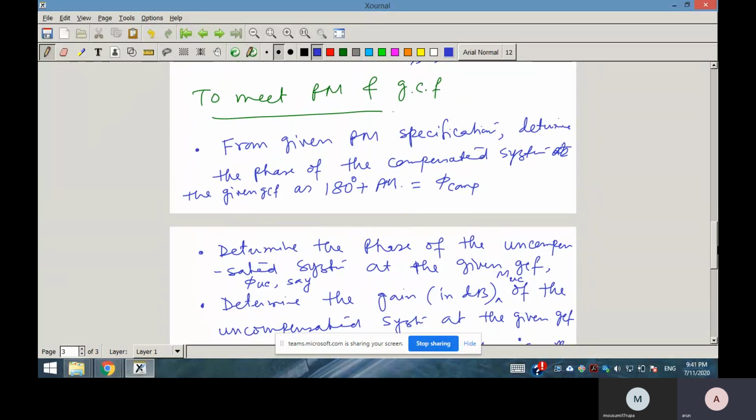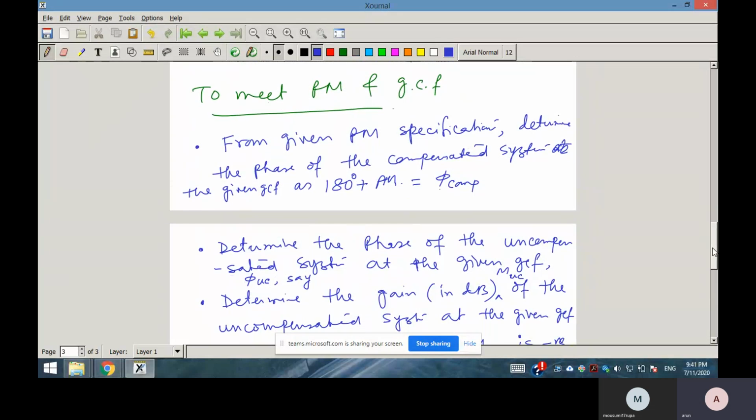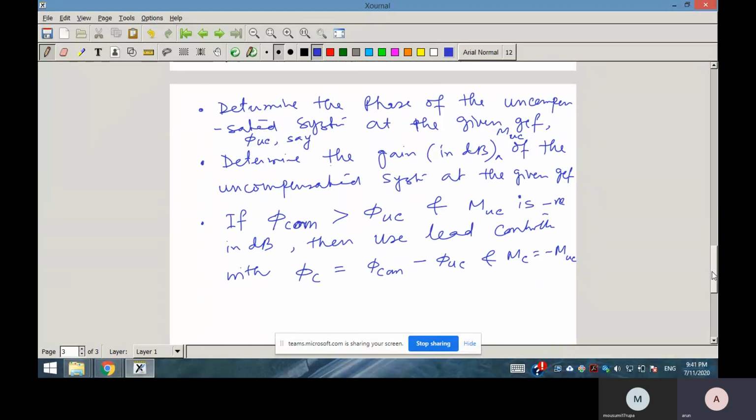by the lead controller. Also, at gain crossover frequency, the gain should be 0 dB. If the uncompensated system at gain crossover frequency has gain MUC, then we need some gain amplification.